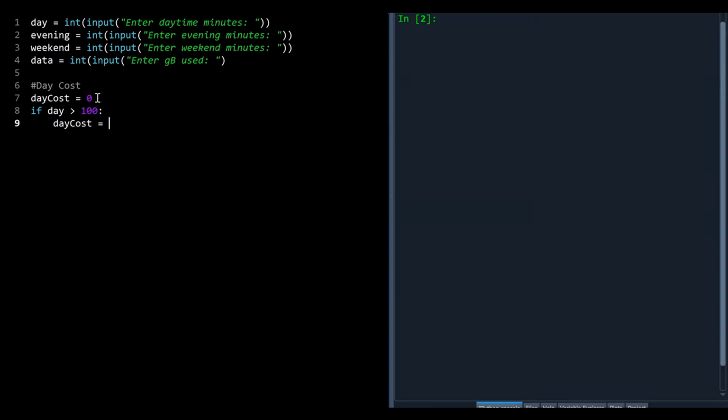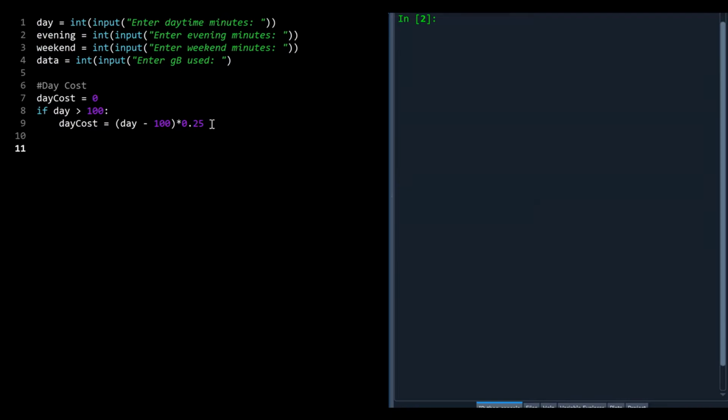It would be the amount of minutes over 100, so it would be day minus 100 times the 25 cents. Okay, so it's going to be 0 unless we go over 100 minutes. And if it goes over 100 minutes, we figure out how many minutes they went over, and then we multiply by 25 cents.